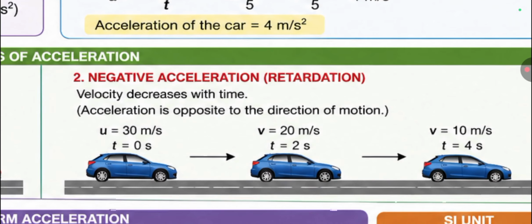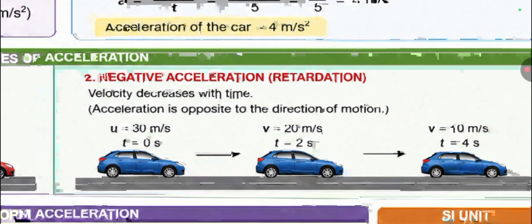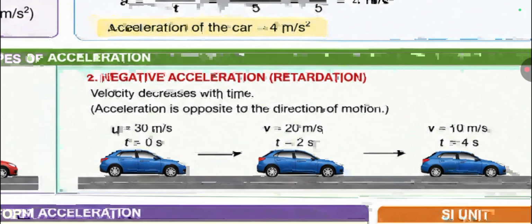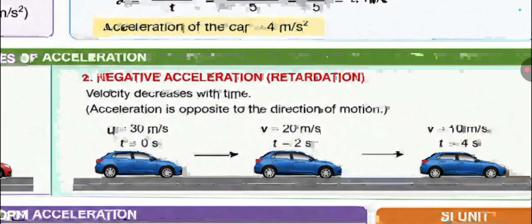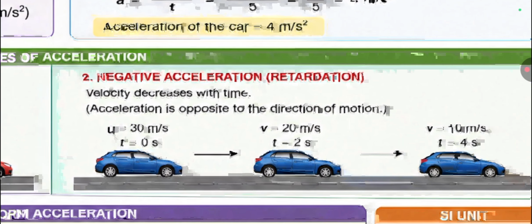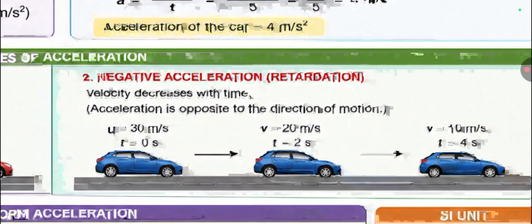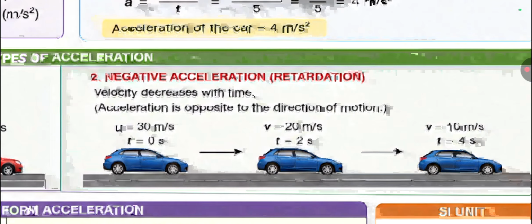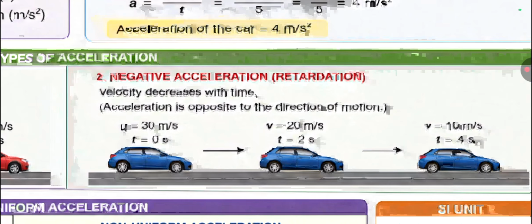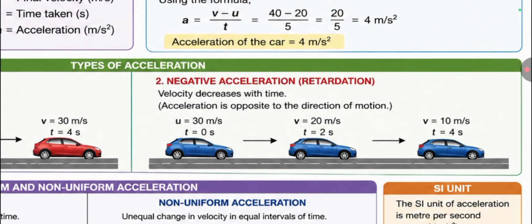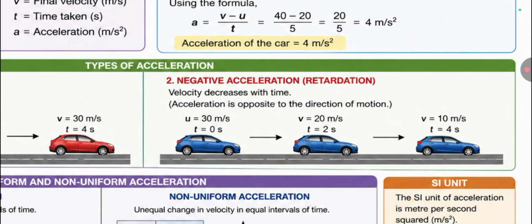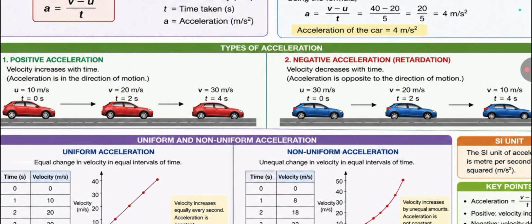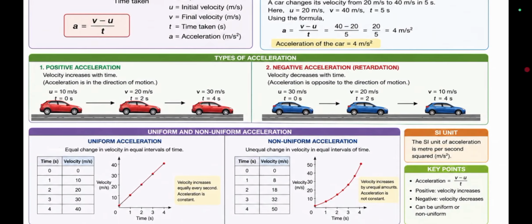In this case the car velocity is decreased with time. So this type of acceleration is called negative acceleration, that is called retardation also. Here acceleration is opposite to the direction of motion. So this type of acceleration is called negative. Do you all understand the types of acceleration?